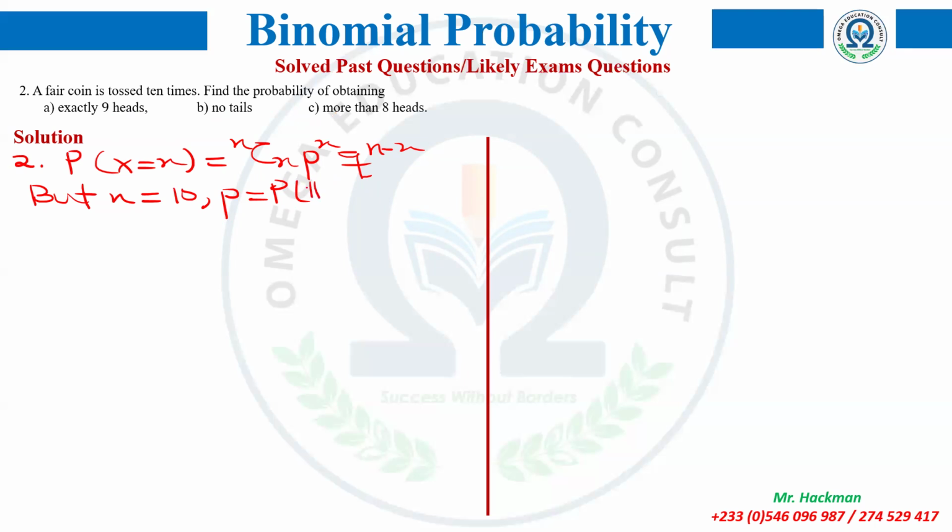So head will be equal to, for every fair coin that you toss, the probability of obtaining a head will always be 1 over 2, just as the probability of obtaining a tail will be 1 over 2. So this will give me 1 over 2. Then comma, you need your q. So q will be equal to 1 minus p, which will be 1 minus half, which will also give us what? Half.